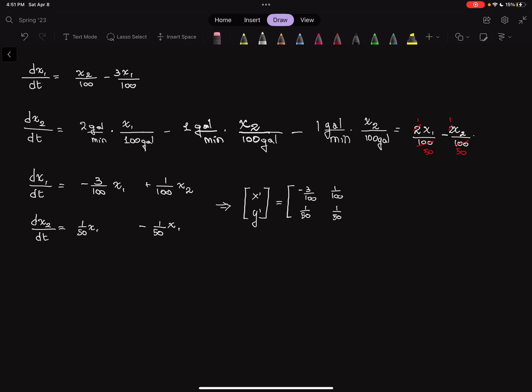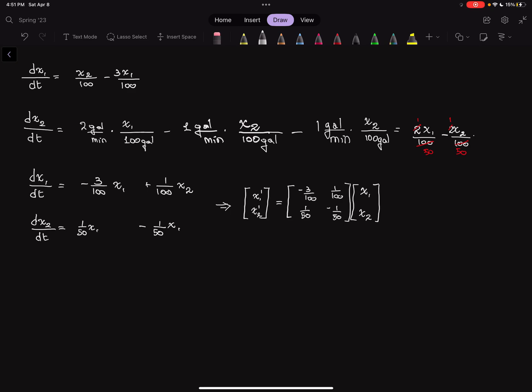You can't see the negative there. And all of that is going to be multiplied by x sub 1 and x sub 2. So if I write x sub 1 here, I should have x sub 1 prime and x sub 2 prime. I apologize if I confused you there.